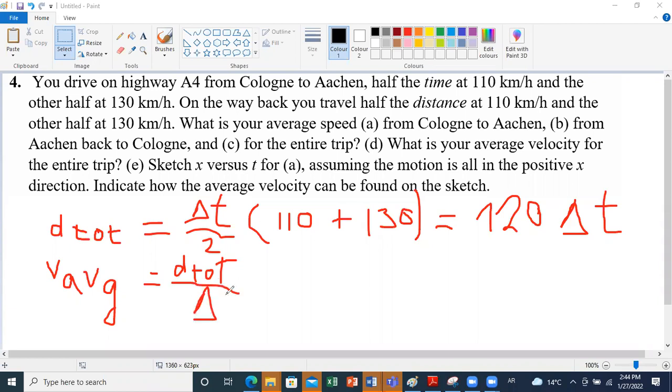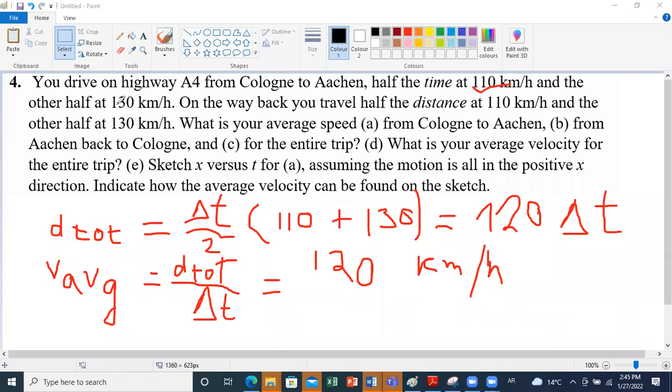So delta t will be simplified. As you can see, you don't need to know what is delta t, because it will cancel out and the remaining will be 120. So the average velocity is 120 kilometers per hour, which is actually the average value of 110 and 130.